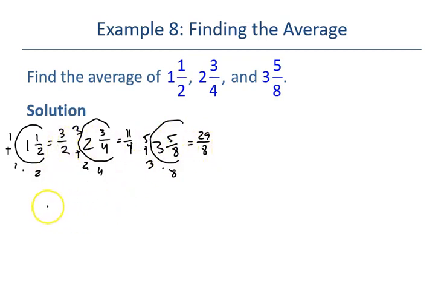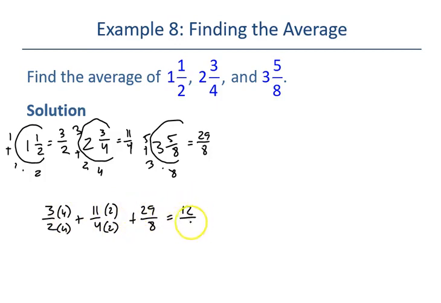Okay, let's be very careful here. We're going to take my 3 over 2 plus 11 over 4 plus 29 over 8. Notice here, I've got to create a common denominator, and we can see that 8 is going to be the least common denominator here. So let's do 2 times 4, and what we do at the bottom, we have to do at the top. 4 times 3 is 12, and make sure to put the 8 on the bottom.